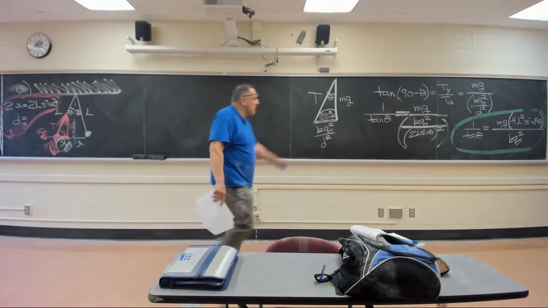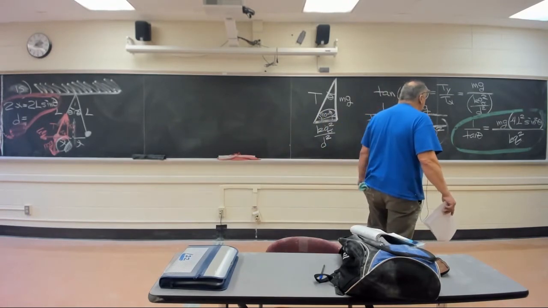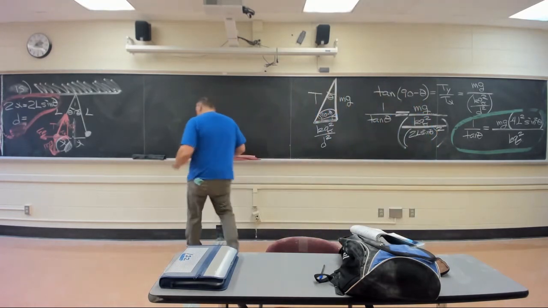Do it again. Over there in the green, multiply by q squared on each side, and multiply by tan theta on each side, and you're pretty much in business.